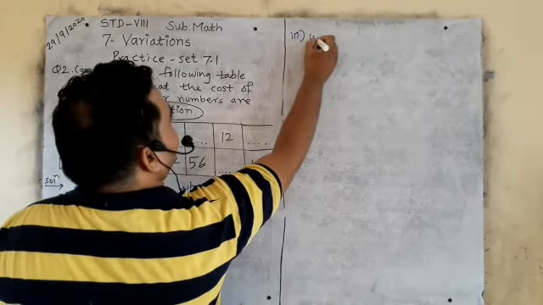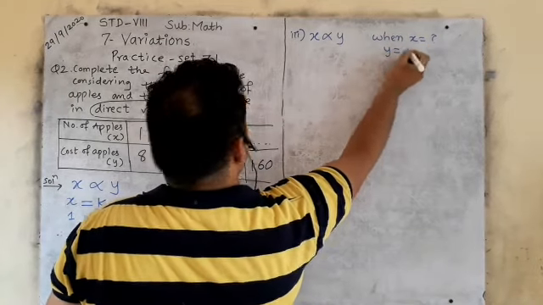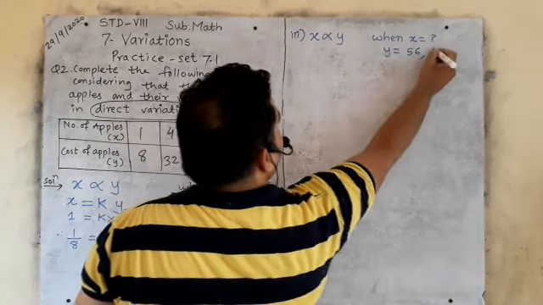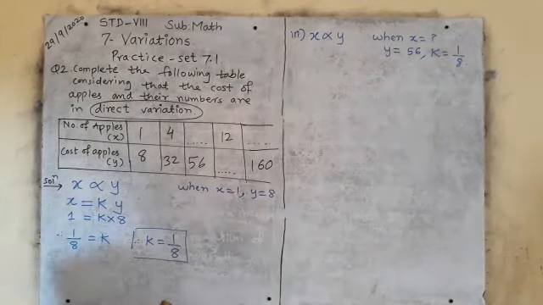Third one, X directly proportional to Y, and then you have to write when X is equals to question mark, Y is equals to 56 and K is equals to 1 upon 8. You got that over here, right?